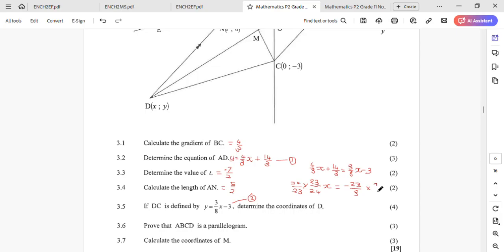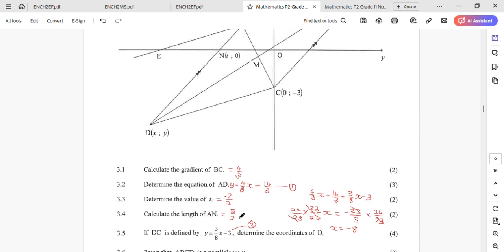On this side, the 23 and 23 cancel. Therefore, your x value equals minus 24/3, which is 8. So your x value is minus 8.